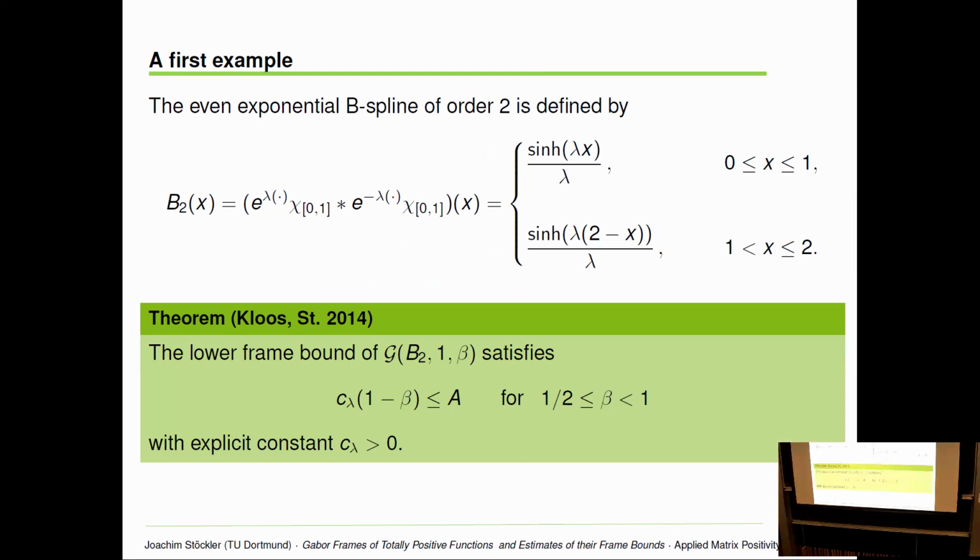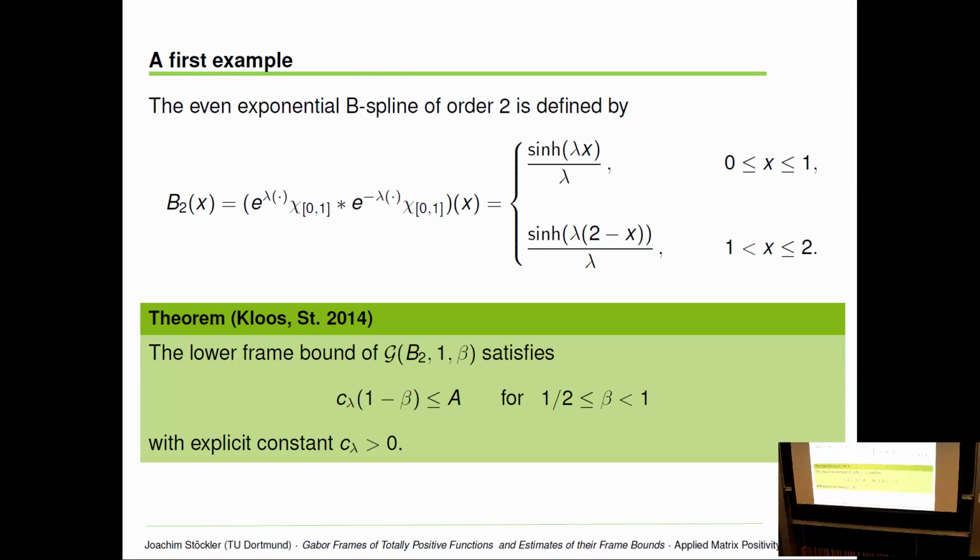We could show that for the exponential B-spline of order 2, you can have a bidiagonal elimination matrix, which gives you a slant diagonal matrix, which is positive, and the bidiagonal factor contains multipliers which are all less than 1 minus beta.